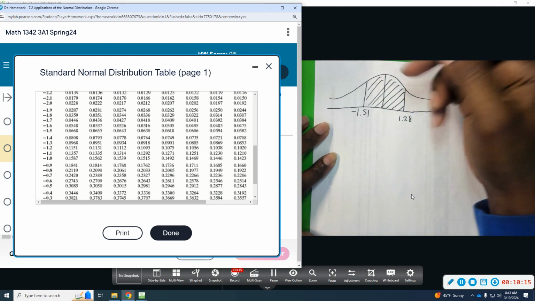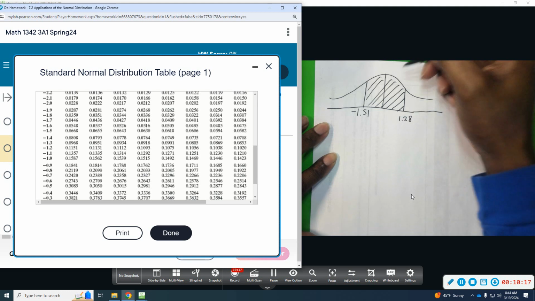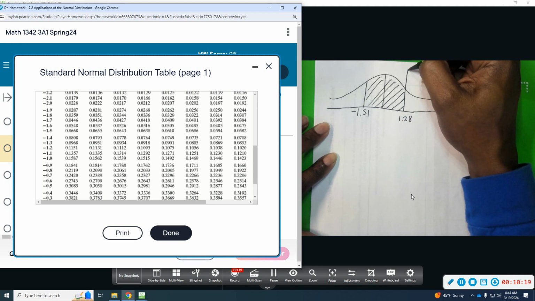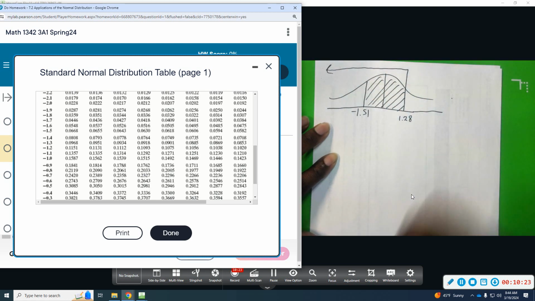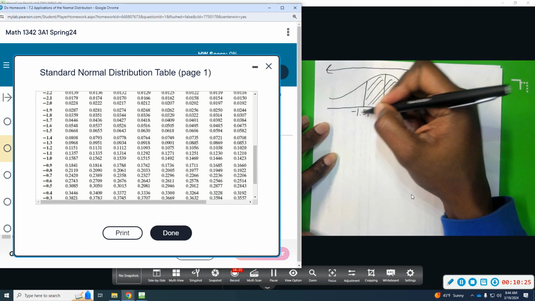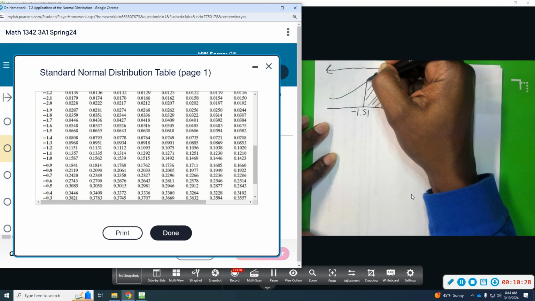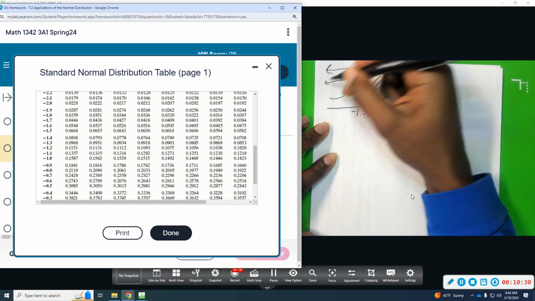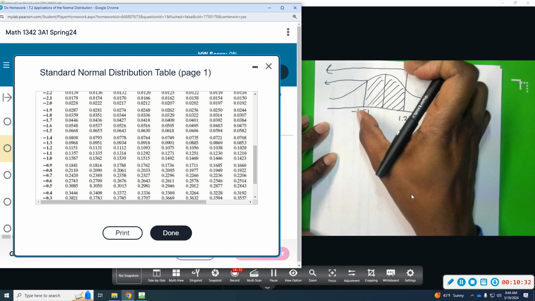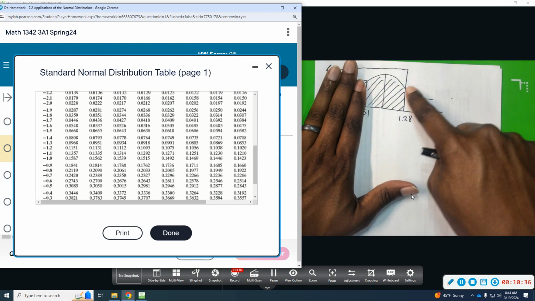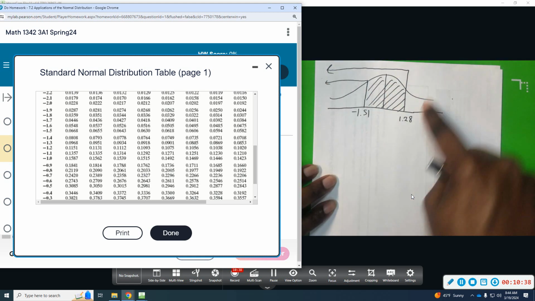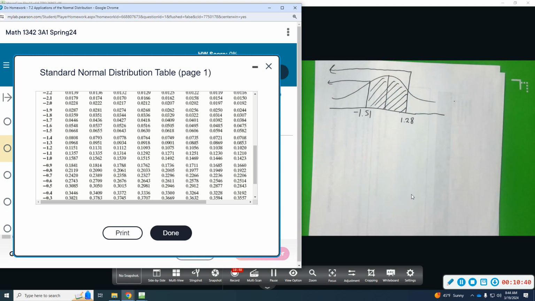So what you will do, if you look up 1.28, it's going to give you the area from here all the way to the end. It's going to give you everything. We will also look up the area to the left of negative 1.51, and we will subtract. So if I subtract this piece, it will leave me with what's in the middle. So I'm going to find both of these and then subtract them.